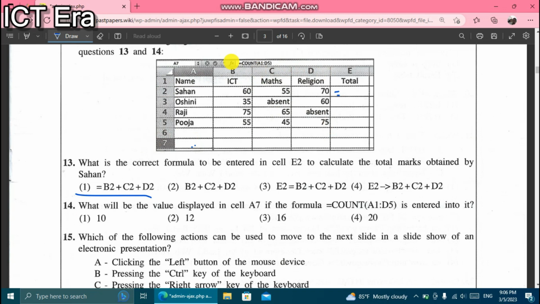A1 to D5: 1, 2, 3, 4, 5, 6, 7, 8, 9, 10. All the cells with words are counted. Yes, 10 is the answer.